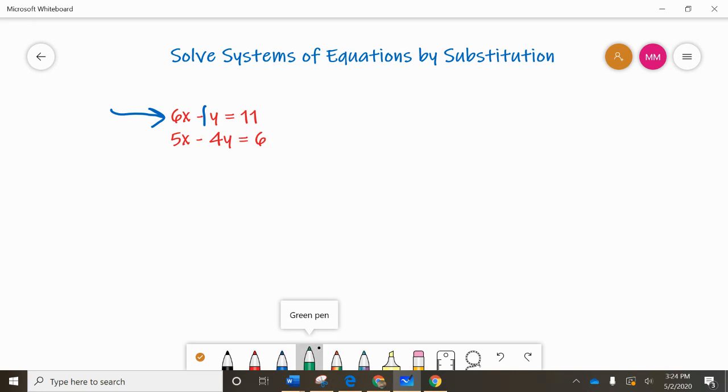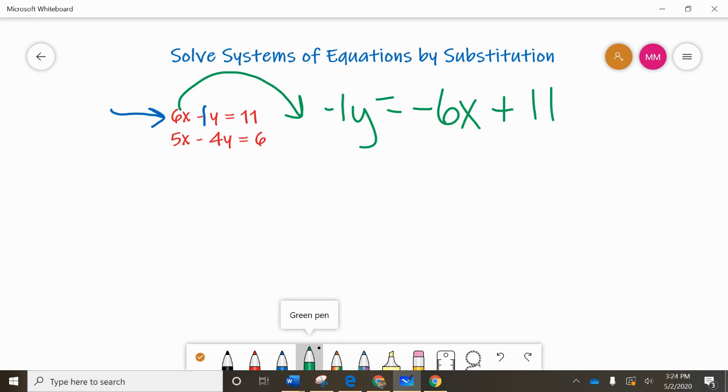So to do that, I need to move my 6x to the right. We learned in a previous lesson that anytime we move something over the equal sign, it becomes its opposite sign. So now we have negative 1y equals negative 6x, because originally it was positive, plus 11.